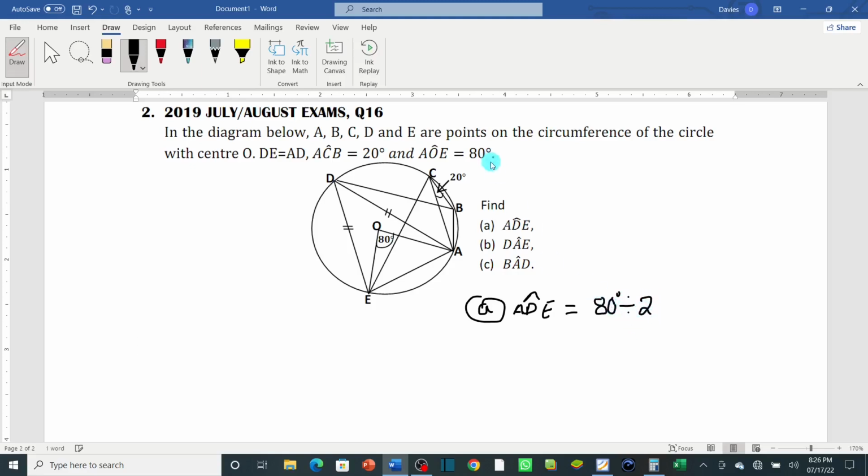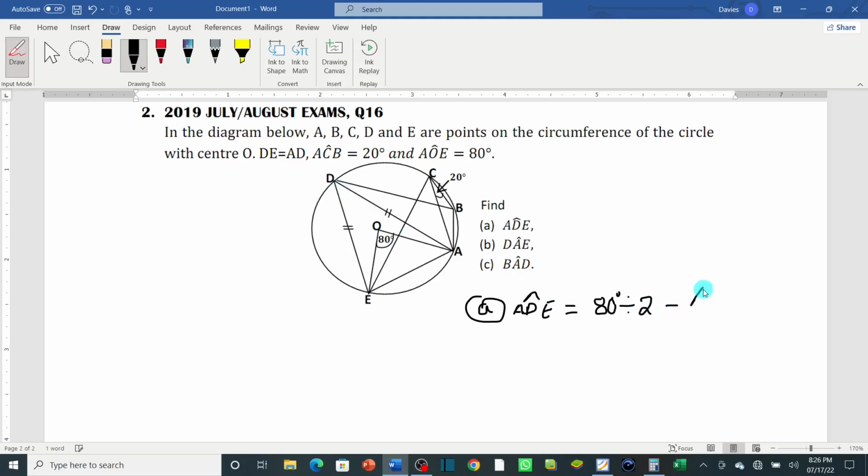Now remember the reason we gave. When you check this angle ADE, it is subtended by the same arc as angle AOE. So they are coming from the same arc, but this angle AOE is at the center, but this one is at the circumference. So the angle subtended by the same arc at the center is twice that angle at the circumference. So you give a reason.